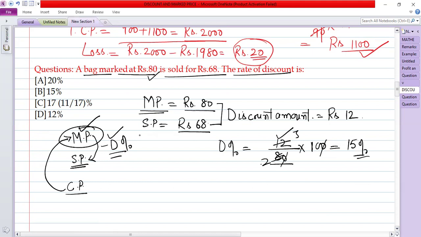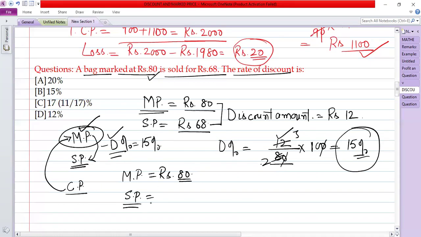Now here, there is a certain observation. Since our discount percent is 15%, and if I have this marked price of rupees 80, then what is the selling price? Obviously, selling price is nothing but 85%.